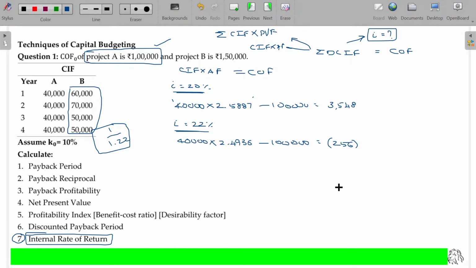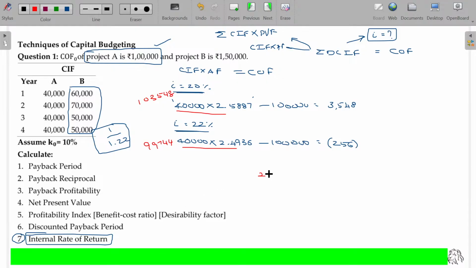Otherwise, this value being 1,03,548. This value being 99,744. At 20% we have the excess value. At the rate of 22%, the value will be in shortage.